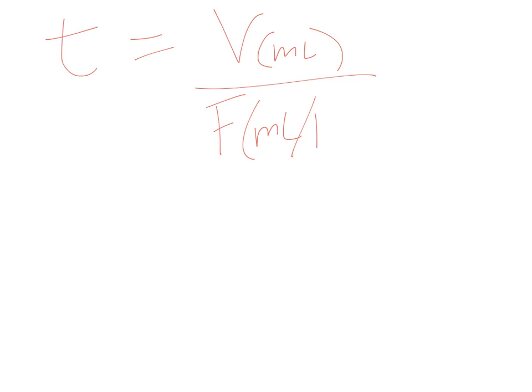I need to take my total volume. Once again, that volume must be in milliliters. And this time I'm going to divide by the flow rate. The flow rate will also be given to me in these problems, and I know my flow rate is my milliliters per hour. And you can see what's going to happen here. Milliliters and milliliters, opposite in numerator and denominator, are going to cancel out, leaving me with hours, which is what I want in this case, which is why that volume must be in milliliters.